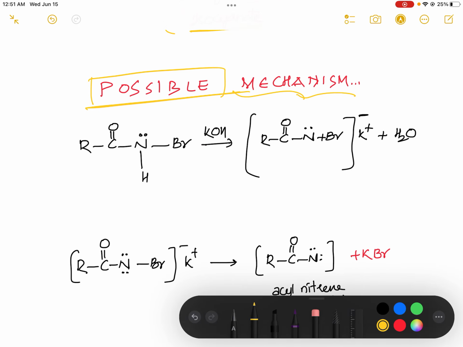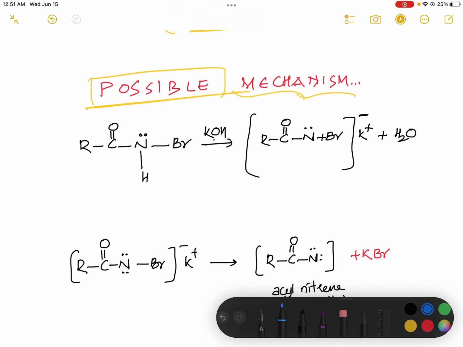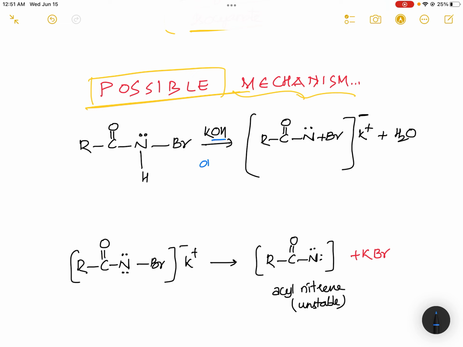The possible mechanism is, when you are using base, meaning OH minus, this OH minus is attacking on this, so it is shifting like this. So nitrogen already has 1 pair, so it gets this electron pair as a lone pair. Now nitrogen has an extra lone pair here. This hydrogen and OH minus are removed in the form of water. This K plus is the cation.